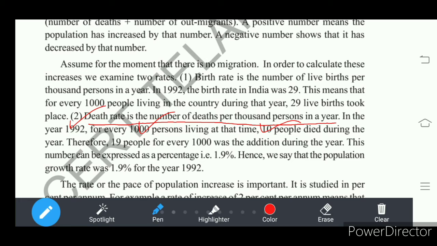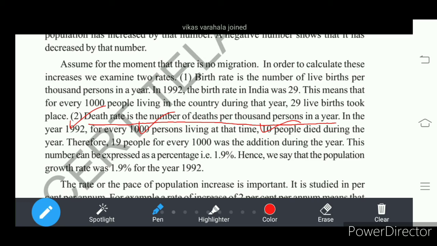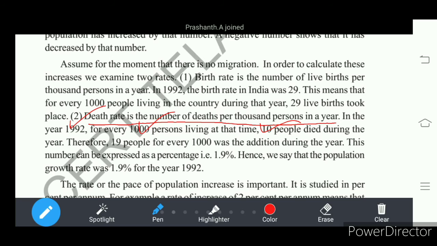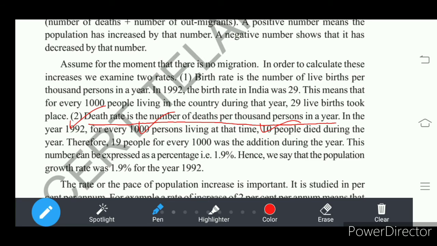So to get the number of people in a place, we need to subtract the number of persons who died. We have to add the number of persons born instead. So the difference will be taken. Okay, so what is the difference there? From 29, the birth rate, and 10, the death rate, when you subtract, what will you get? 19.